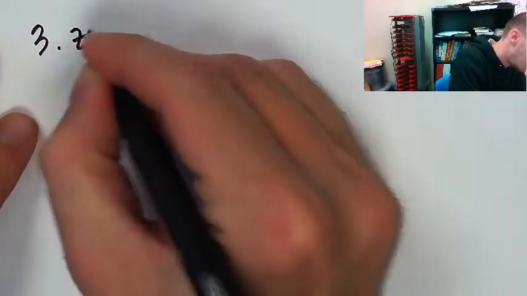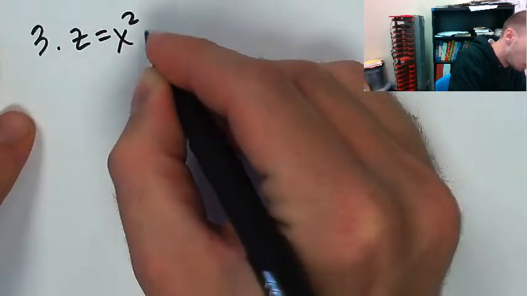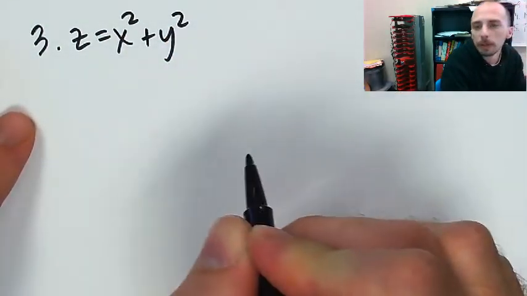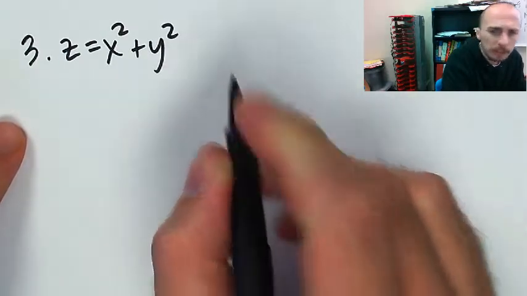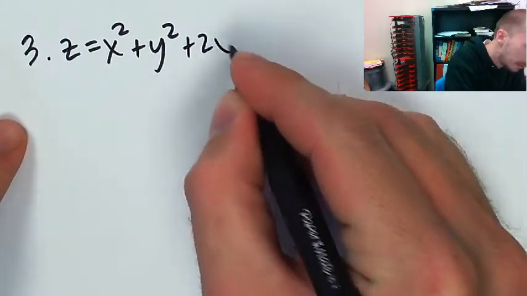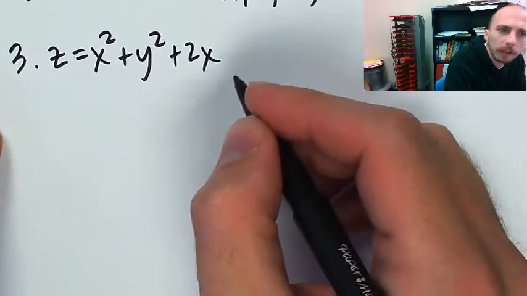So number 3, z equals x squared plus 2x plus y squared minus 6y plus 10. This one is going to require a little more work. I'm going to have to complete the square, but it will probably be less work than doing the second partials test.